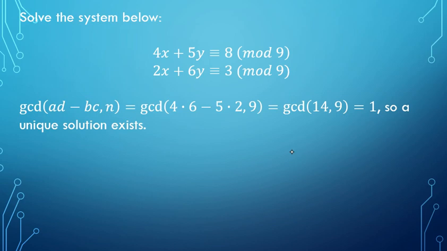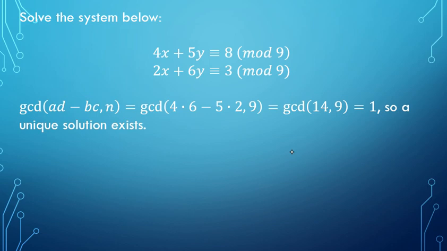Now, I said that the process to solving this system starts off the same way as you would typically solve a system of linear equations. That is true. We're going to kick it off by eliminating one of our variables.